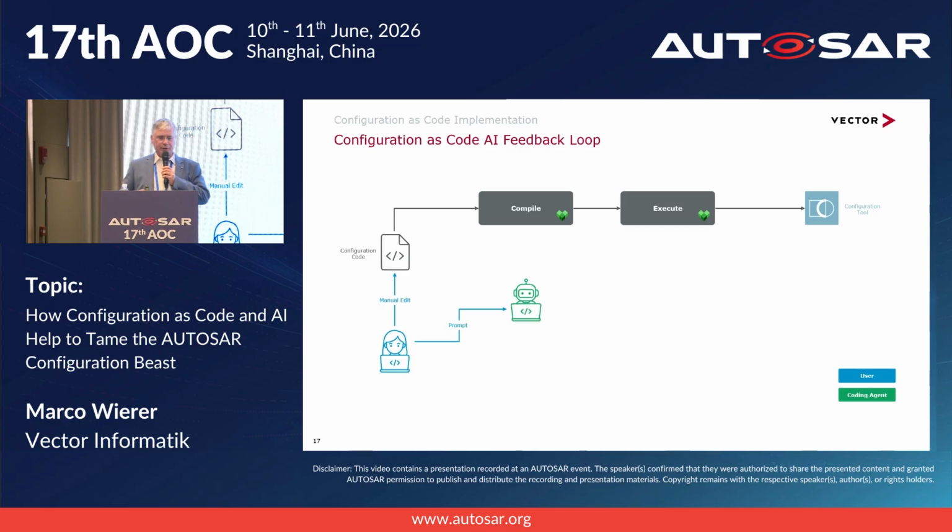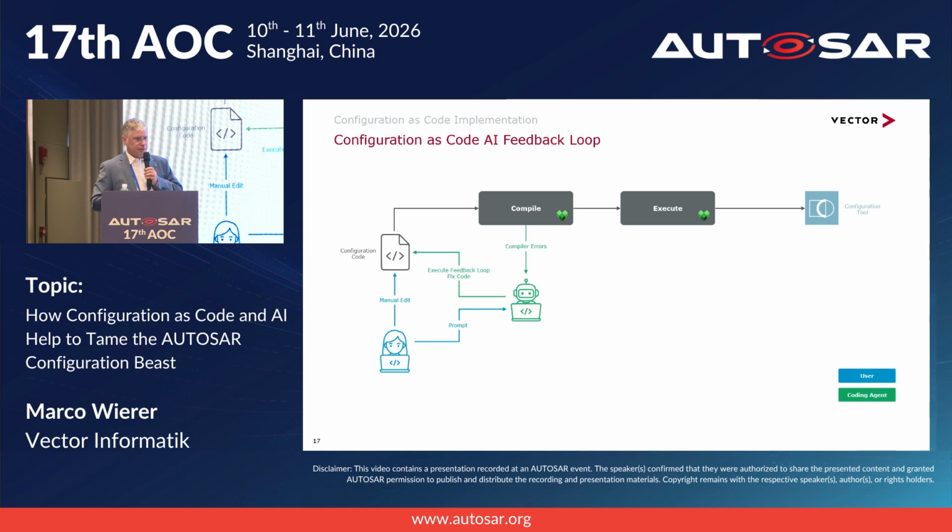So if we introduce a coding agent now, the development workflow is still the same, but it's now AI assisted, which means our software developer does not really work on the configuration code, but prompts a coding agent to work on that code.